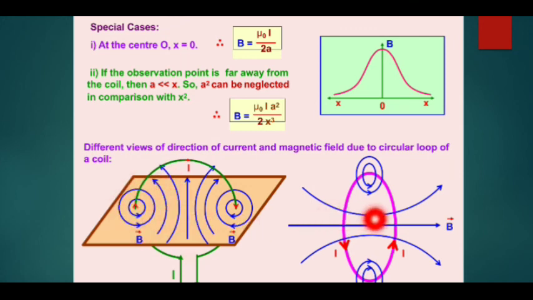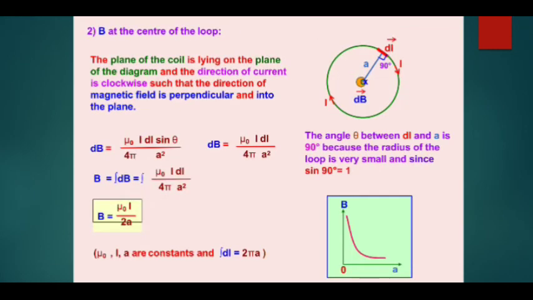Now come to this one: the current enters like this and leaves from this, therefore the magnetic field lines form around the circular loop. And see the second one, the current loop, same equations.